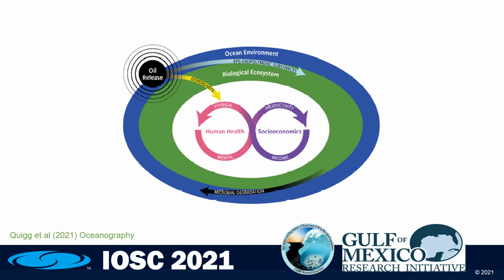And as you can see in this diagram here, we've also made a lot of progress in not just considering what's going on in the ocean in terms of biological systems and the ocean environment, but we've also made progress in terms of connecting these marine oil snow MOSSFA events in the overall understanding of oil spill releases and how human health and socioeconomics may be impacted.